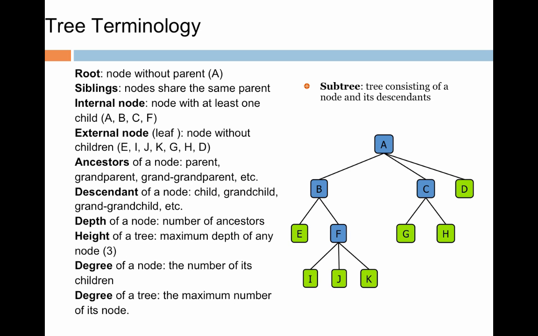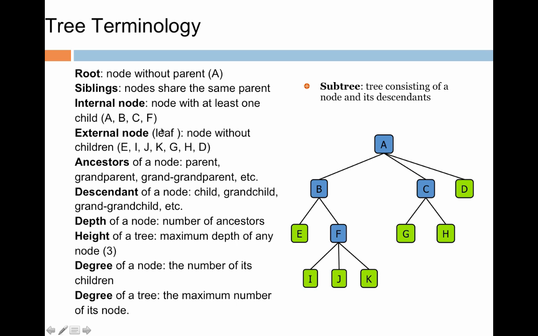All right, let's look at the terminology that I spoke about in the previous slide. So a root node is one that doesn't have a parent. Sibling nodes are those nodes which share the same parent. An internal node is one that has at least a child.